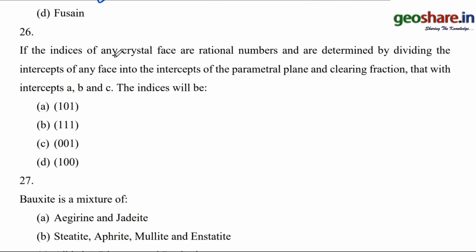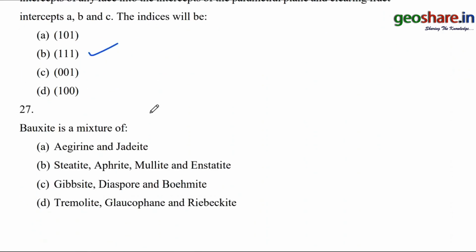If the indices of any crystal phase are rational numbers determined by dividing the intercepts of any phase into intercepts of the parametral plane and clearing fractions, with intercepts a, b and c, the indices will be 111.